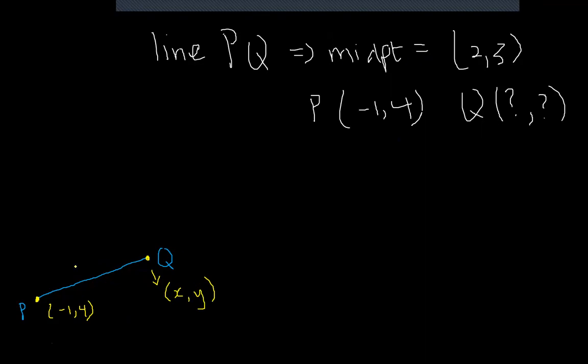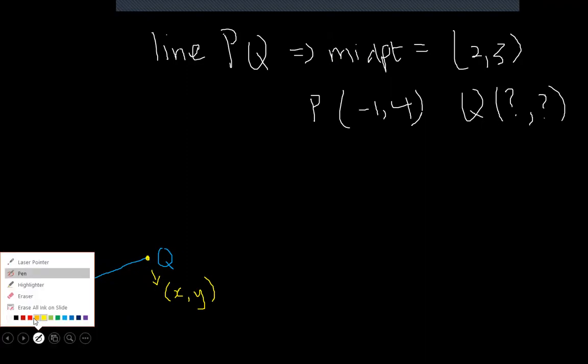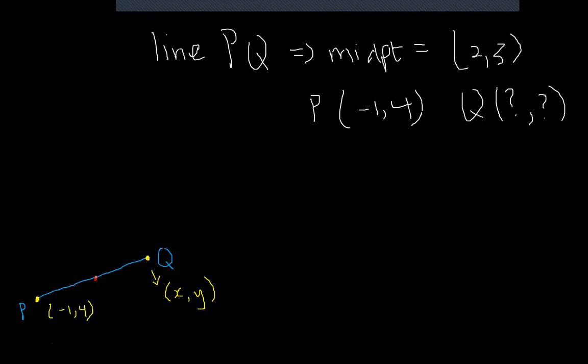And they told us that the midpoint of this line PQ has the coordinates 2, 3. So midpoint, right here. That has the coordinates 2, 3. Remember, you could draw a sketch if you want to. Nobody's going to penalize you for that. Once you get the answer right and could show your working, you're good to go. We know that to find the midpoint, there's a formula.